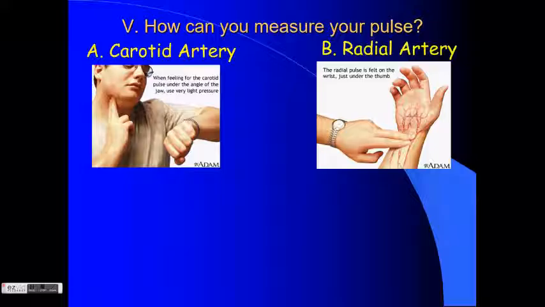You'll feel that pulse. And what I want you to do is measure this over the course of 15 seconds. I'm going to give you a little countdown and say, ready, begin. That'll begin the time when you should start counting. And then 15 seconds later, I'm going to ask that you stop. So just like we're going to do in the lab, find your carotid artery or your radial artery.